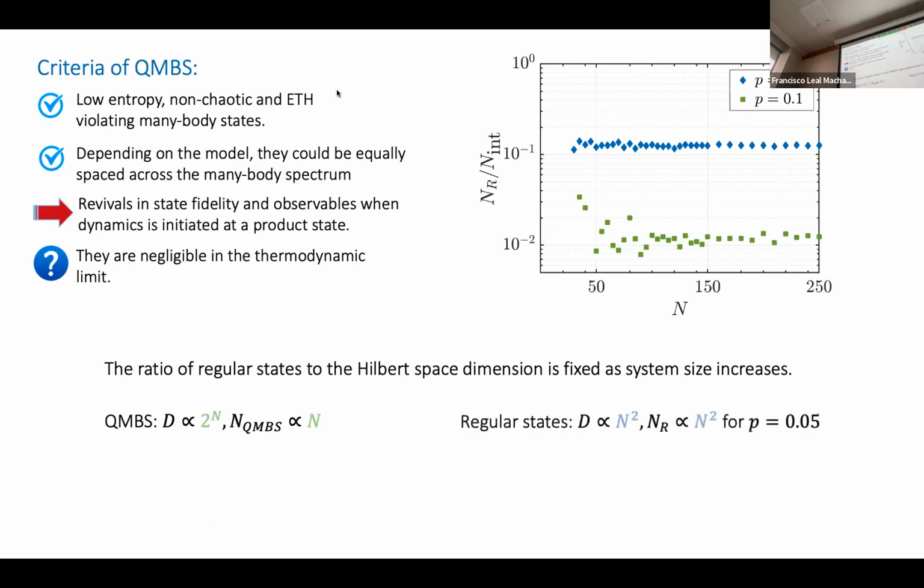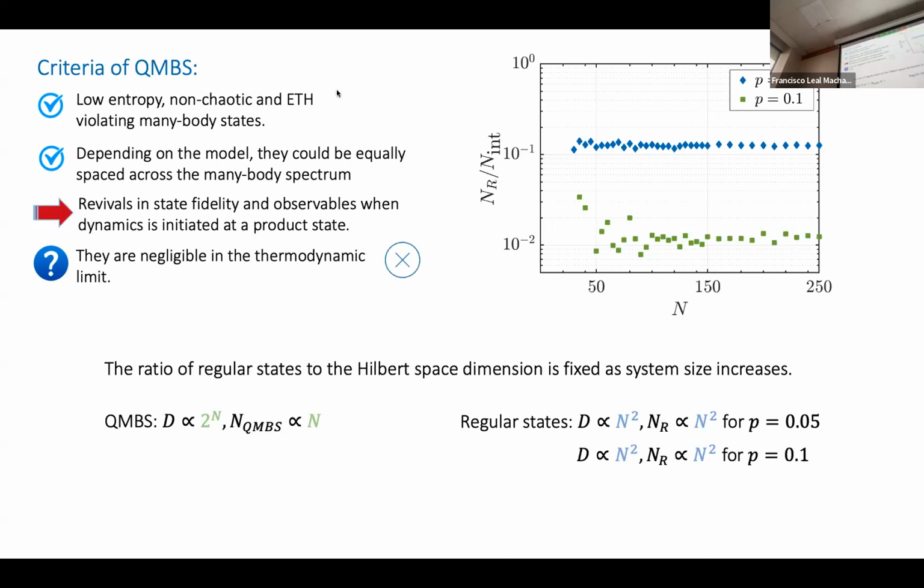Whereas in our case, the regular states are quadratically increasing in system size. And the scaling doesn't change when we double the P, even though the values really become very small. So as a result, the regular states are not negligible in the thermodynamic limit.